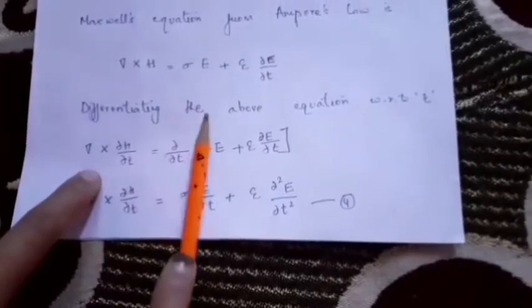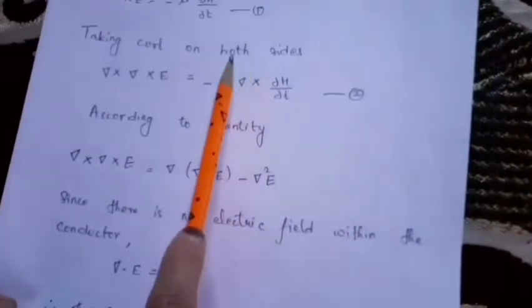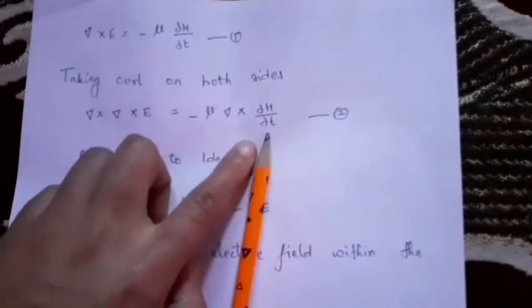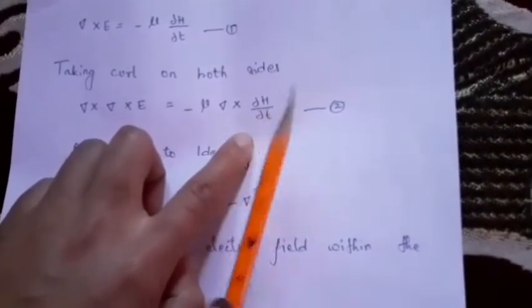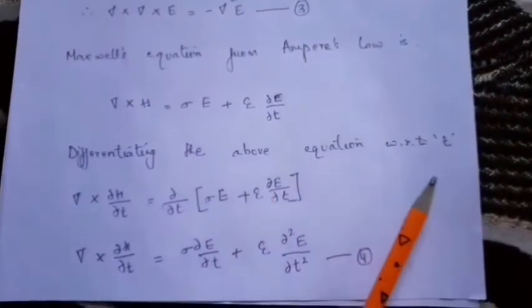The next step, we are going to differentiate the above equation with respect to t, because in equation number 2 we have del cross dou H by dou t. For this reason, we differentiate the equation with respect to t.